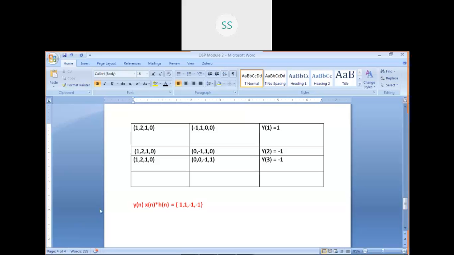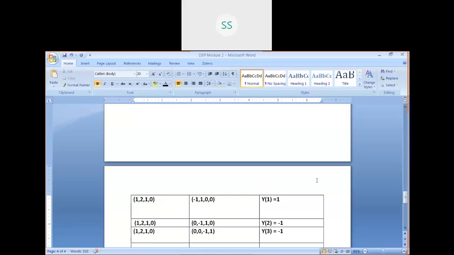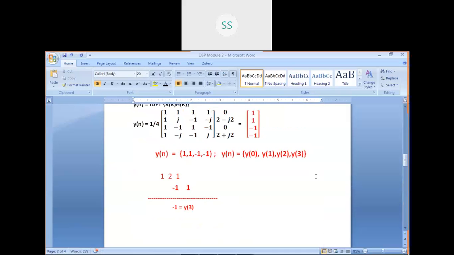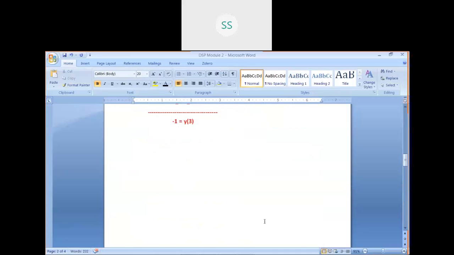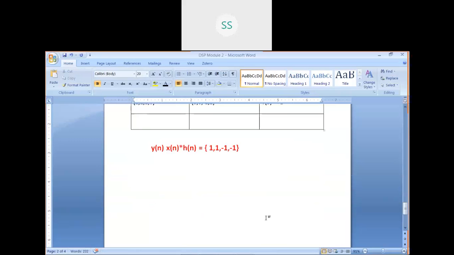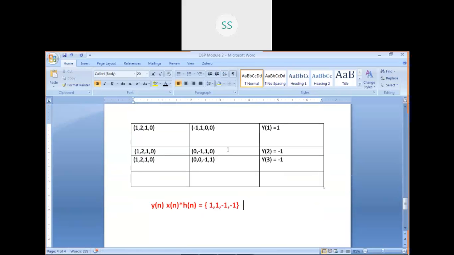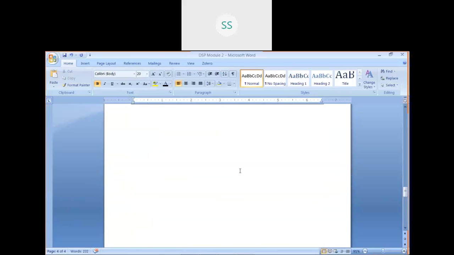So this is the solution. Now this solution is the same as what we obtained previously using the DFT IDFT method also. So just go back to the previous 1 1 -1 -1. The only difference is we have adopted circular convolution here.